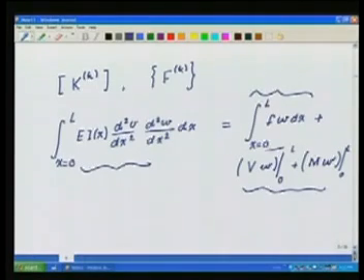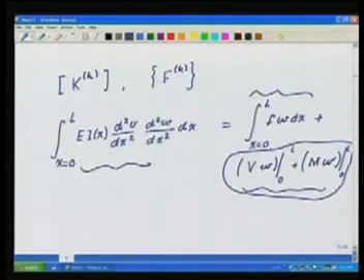Remember that, as we had done earlier for the second order problem, these boundary conditions we are going to impose later. So this essentially will go into our load vector, this part.